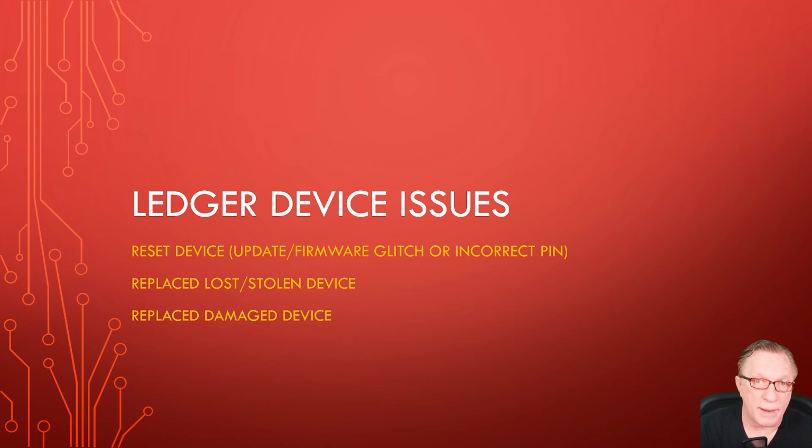It got stepped on, thrown against a wall, chewed up by your dog, immersed in water, whatever happened, the device got damaged and needed to be replaced. In all of these cases, we're going to be restoring a device from its factory condition. So in that sense, it's pretty much the same steps to recover access to your crypto.